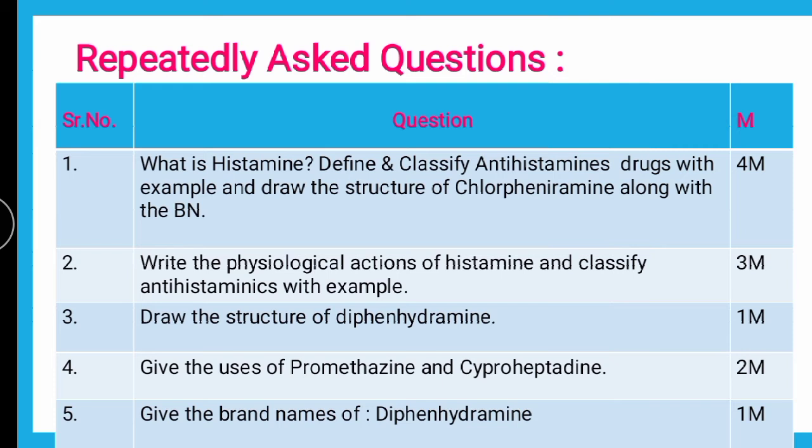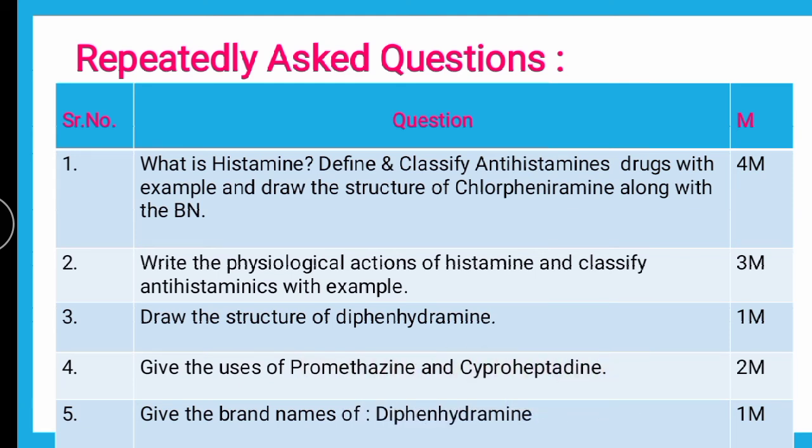Okay, so the structure of diphenhydramine that you are supposed to give belongs to the class ethanolamines, and since it is diphen, 2 phenyls are there and the rest of the structure is the general structure wherein X is O. Next question is the uses of promethazine and cyproheptadine.